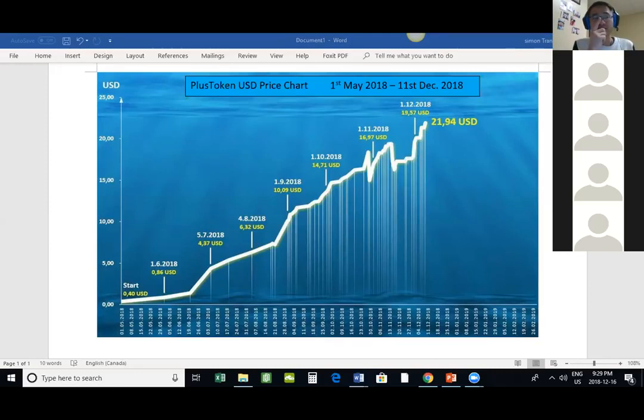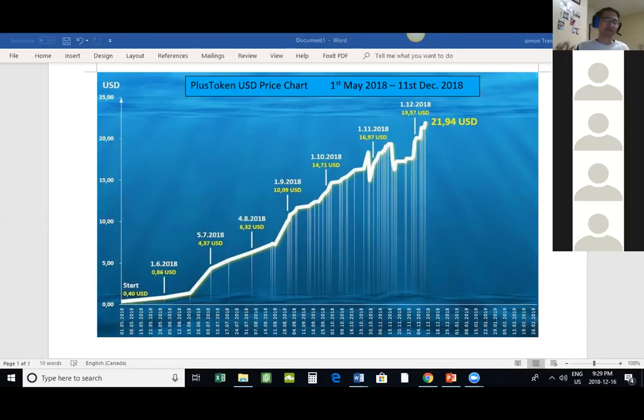And you will watch, within the next couple of days, for sure, Plustoken will go over $20 again. I'm almost 100% sure. In the next 2 to 3 days, for sure, Plustoken will go back up because most likely people won't sell too much. The last few days people sold, maybe they used the money to buy Christmas gifts, right?